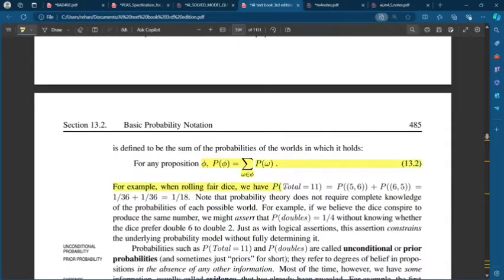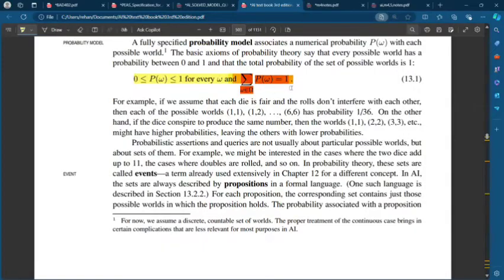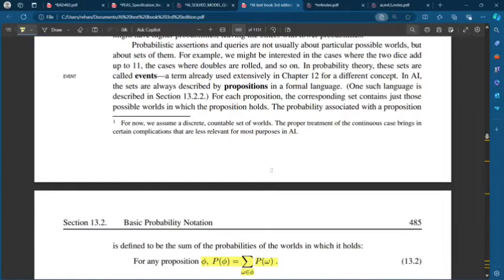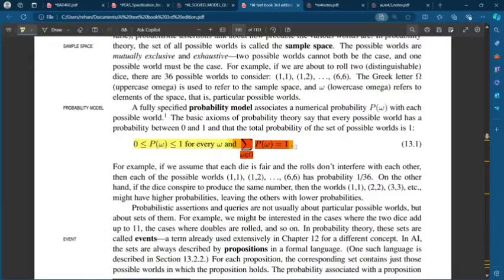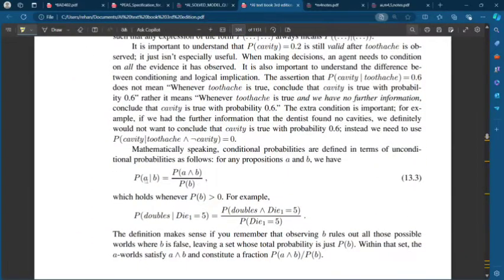Then what it says for any proposition phi: P of phi equals the summation of P of w over w in phi. It is similar to the previous one; just replace omega with phi and replace 1 with P of phi.